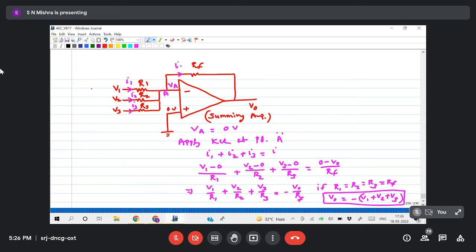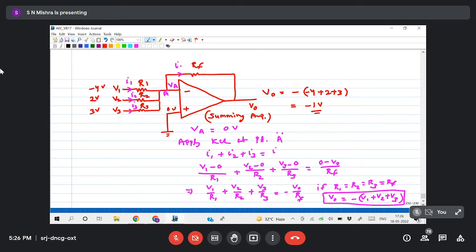Suppose I give here minus 4 volt, 2 volt and 3 volt, and all resistances are equal, then what is my output voltage? Minus of minus 4 plus 2 plus 3. So how much? This is 5 minus 4, 1, so minus 1 volt, if all the resistances are equal.